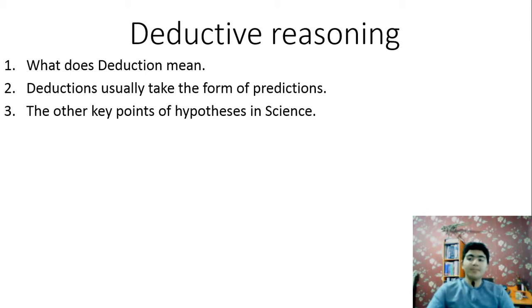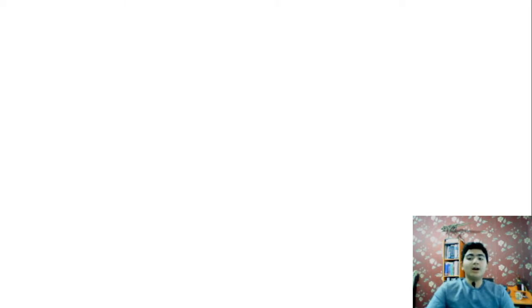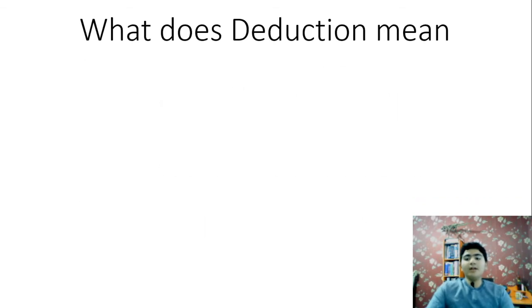So, to use hypotheses in science, we also need to use a type of logic called deduction. While induction entails reasoning from a set of specific observations to reach a general conclusion, deductive reasoning involves logic that flows in the opposite direction, meaning from the general to the specific.